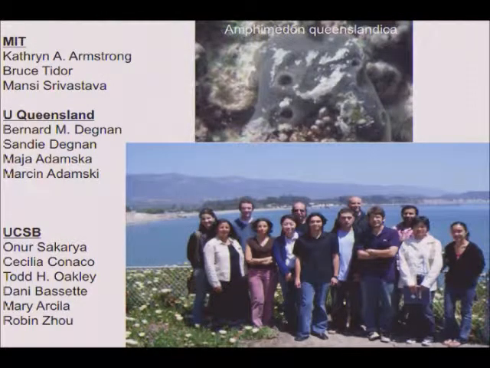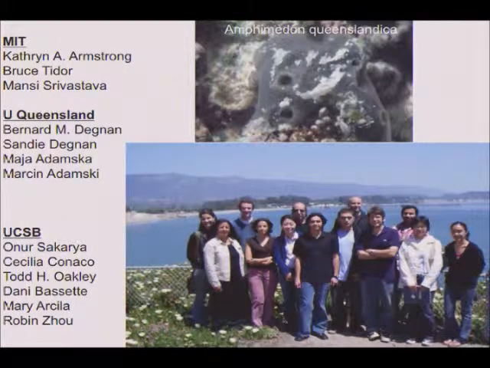Here's our group. Early on, we had collaborations with Bruce Tidor and his student Catherine Armstrong at MIT. We worked with Mansi Srivastava, who was the first author on the whole genome sequence of the sponge. Bernie Degnan and Sandie Degnan and people in his lab did the in situ. Amphimedon was a key contributor to this project. In my group, the first person who took up this project was Onur Sakarya, right there.